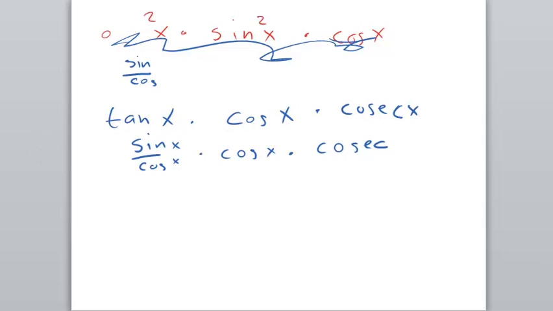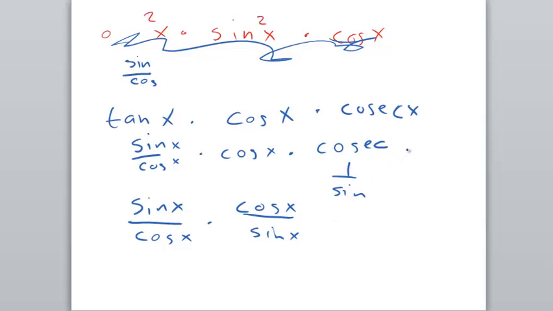So let's remember that cosec is also equal to 1 over sine, so it is sine x over cosine x times cosine x over sine x, is equal to, we cancel this and this, this and this, is equal to 1.